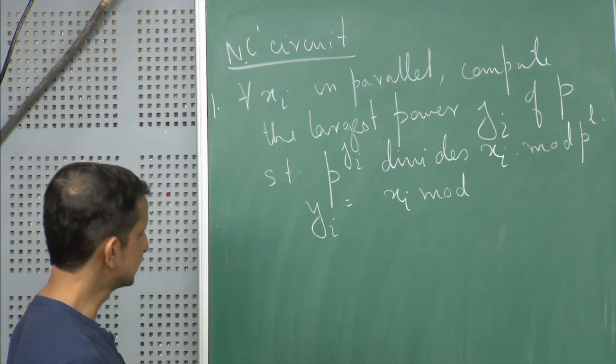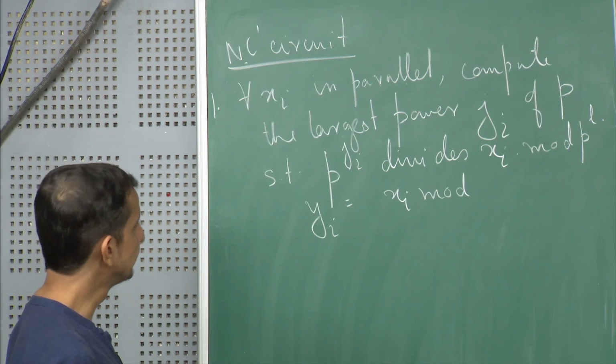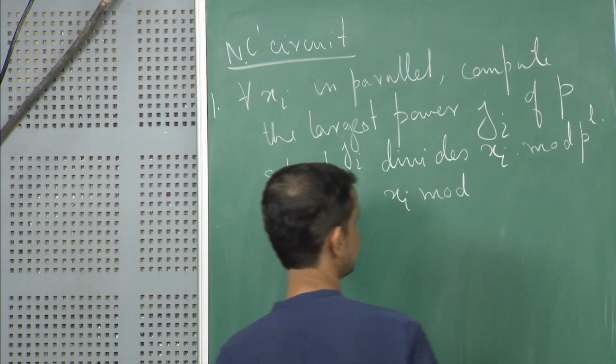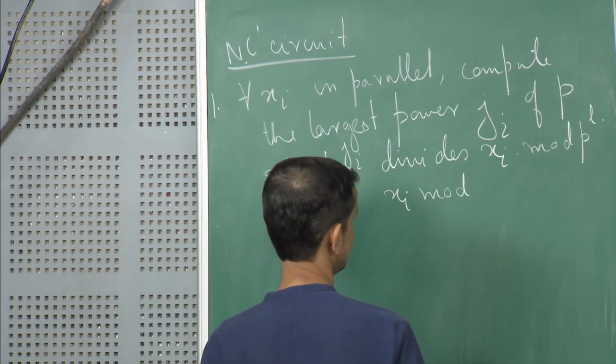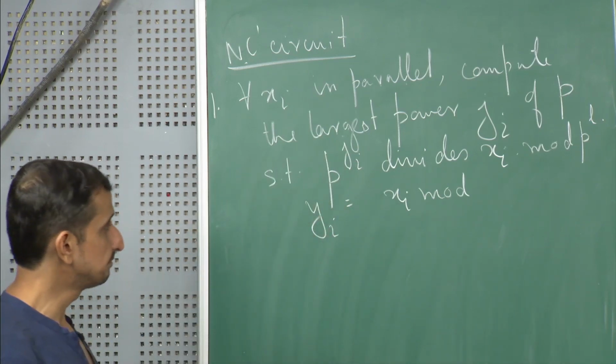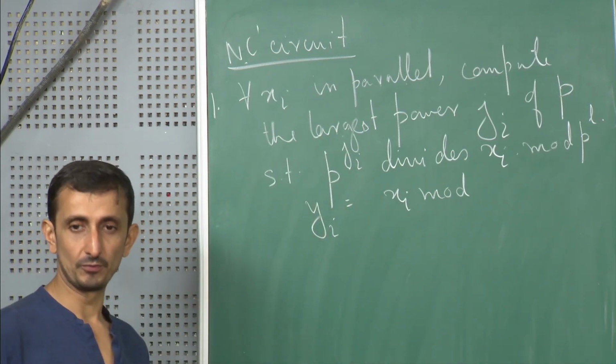Find the largest power of p that divides xi mod p to the power l. p is some prime that is given as input.